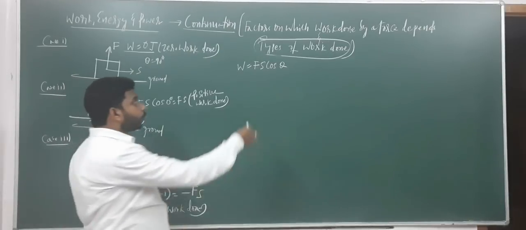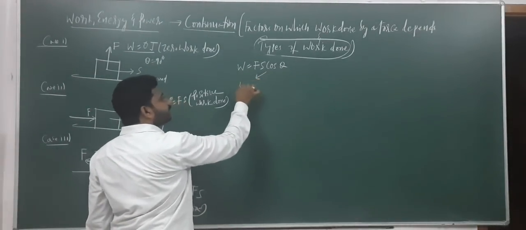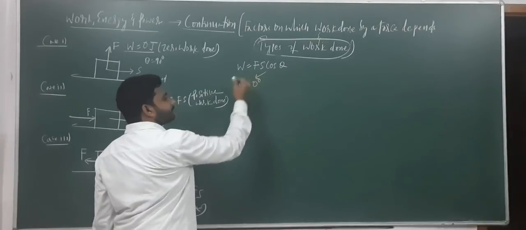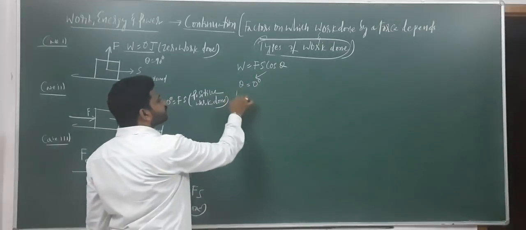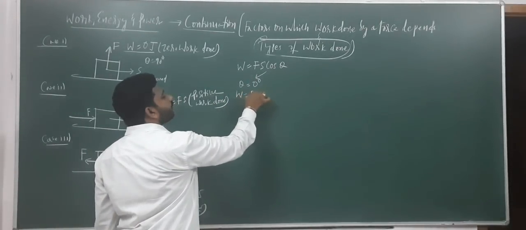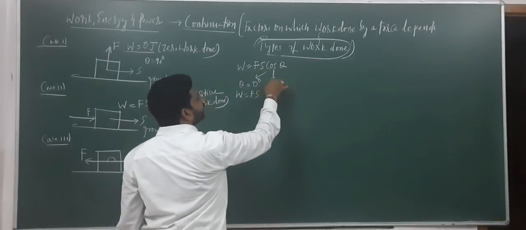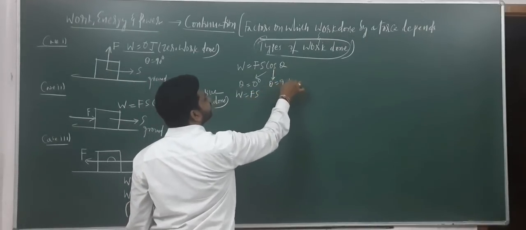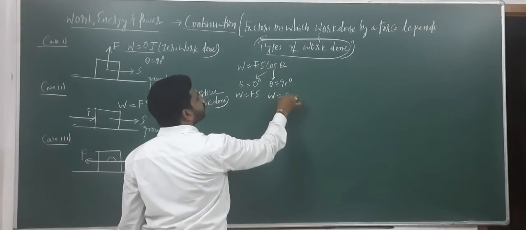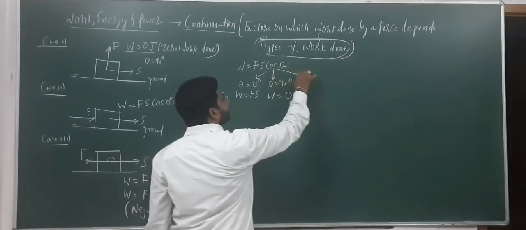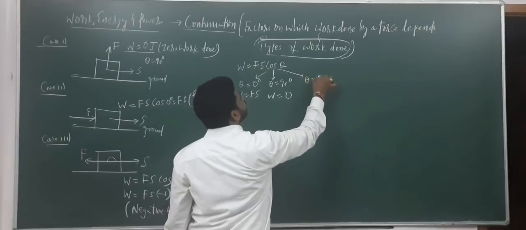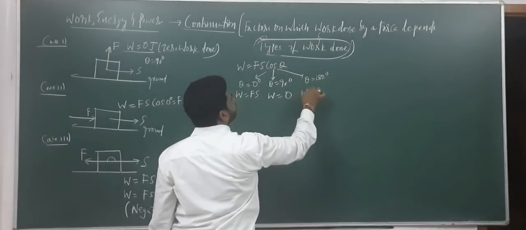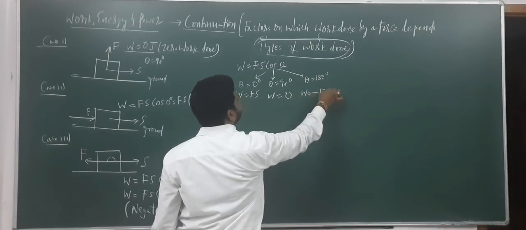Clear? So, when the theta value is 0 degrees, you get W equal to F into S. When theta is 90 degrees, you get W equal to 0. And if theta is 180 degrees, you get W equal to minus force into displacement.